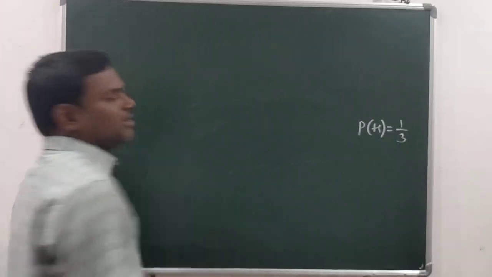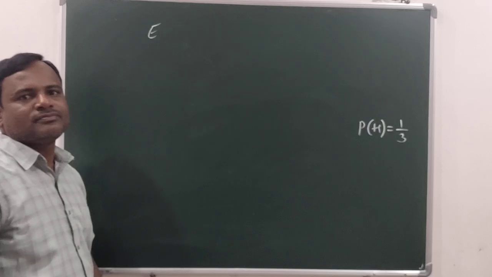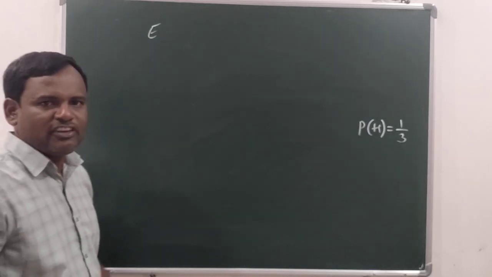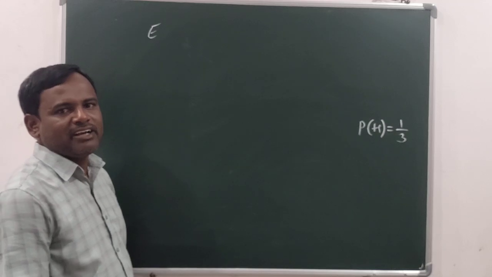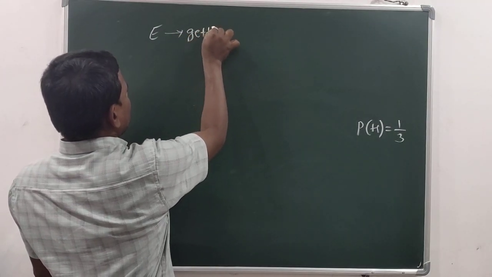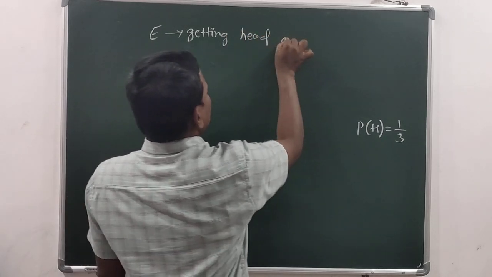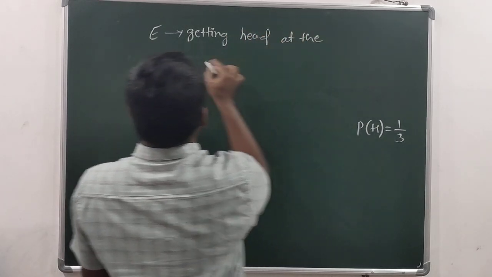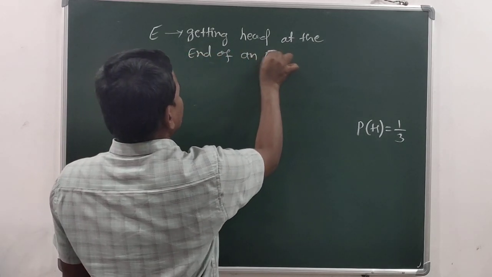See, let us consider E be the event which is favorable to us, means getting head at the end of an experiment.